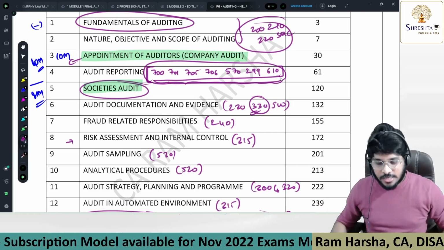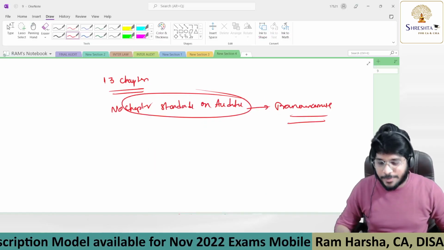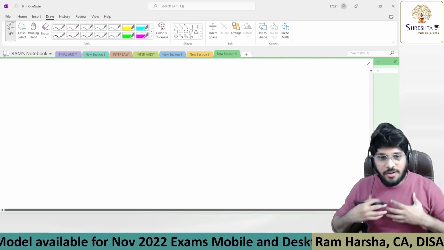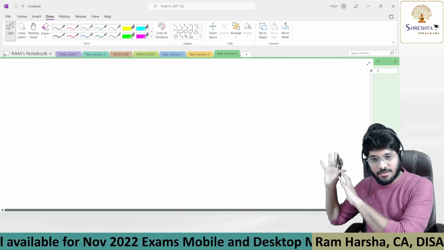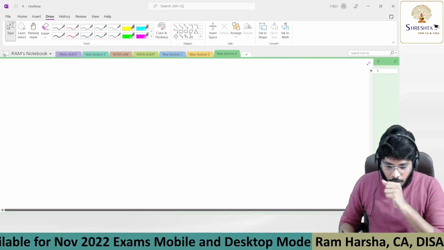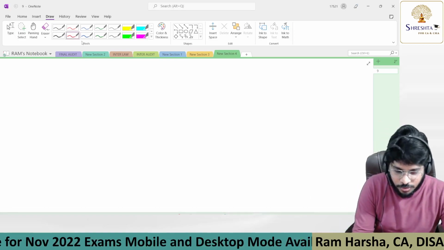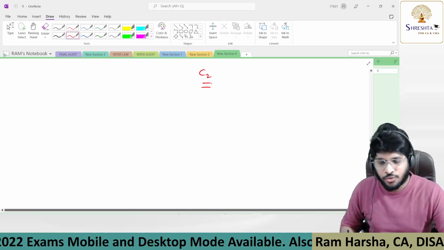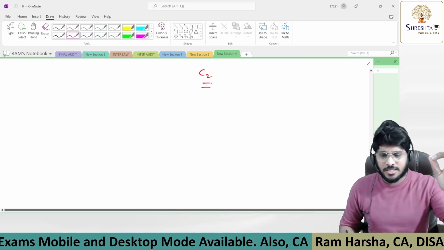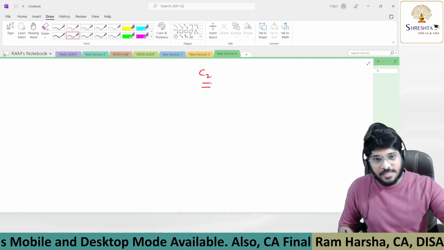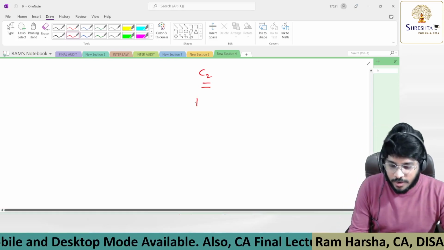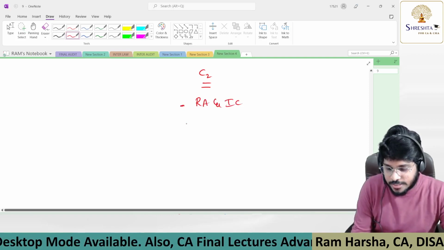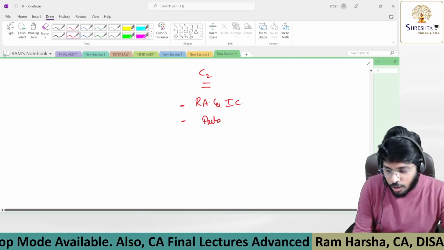Now let's discuss what are the topics that I can confidently ignore, that I can confidently keep aside. These topics, I call them category 2. These topics you must study at last, not at the beginning. 1. Risk assessment and internal control. There is a chapter called risk assessment and internal control and automated environment.